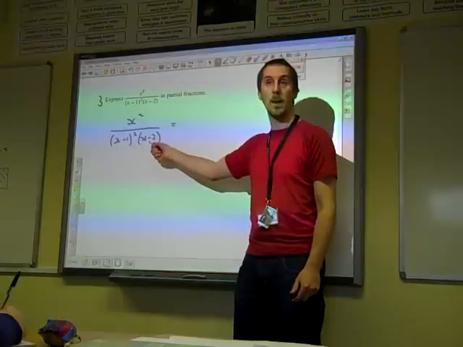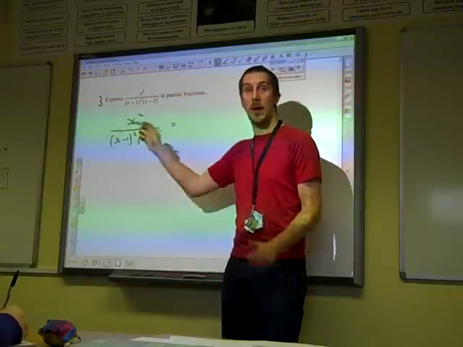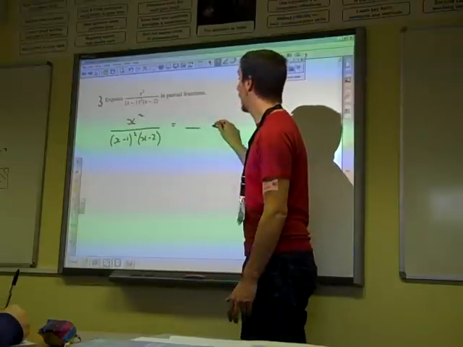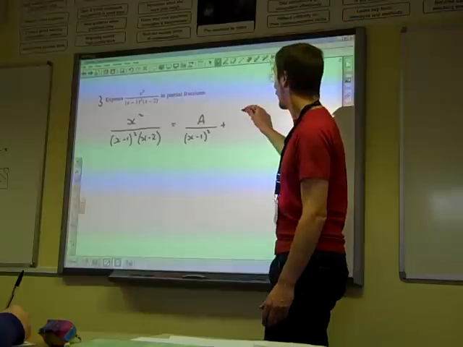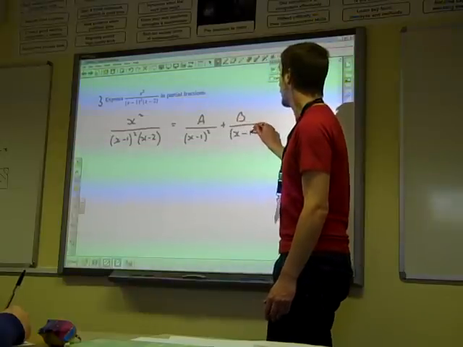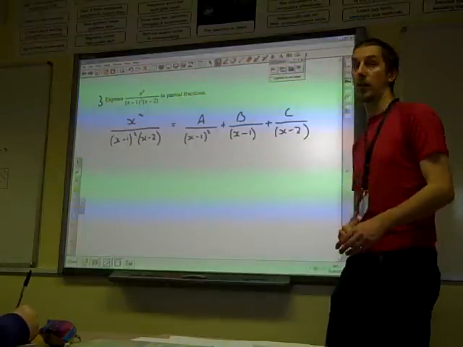But if one of the brackets is squared on the bottom, you have to have that as a single bracket as well. So we're going to write this as a over x minus 1 squared plus b over x minus 1 plus c over x minus 2.